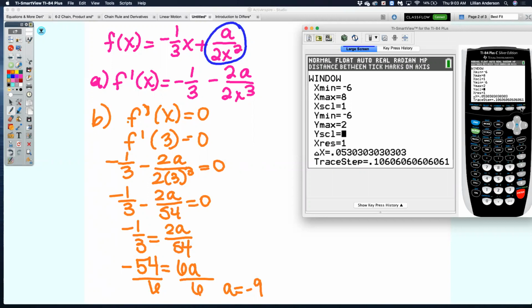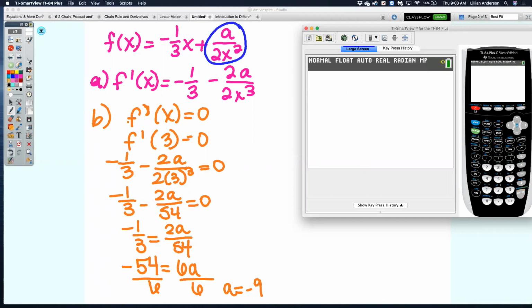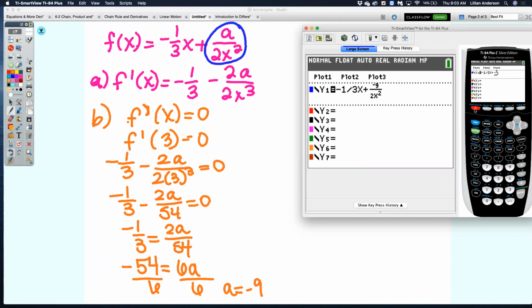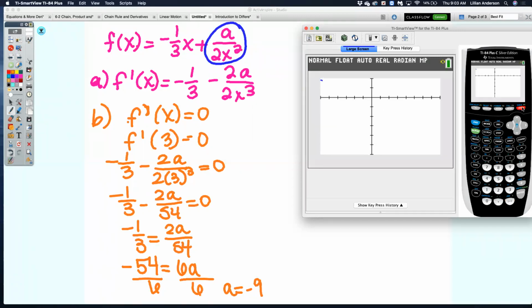Just double check my equation, make sure I typed in everything correctly. That is a -9. Perfect. I used the wrong symbol, a minus instead of a negative, so that's good. I would have gotten an error message if I left that as a minus. So when I graph, this is exactly what we should be graphing.